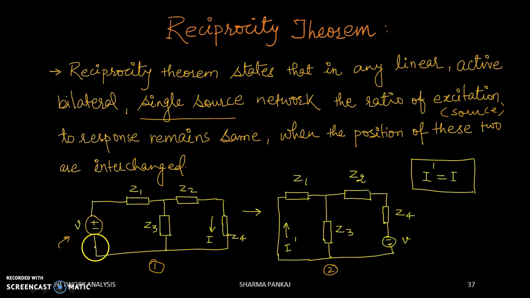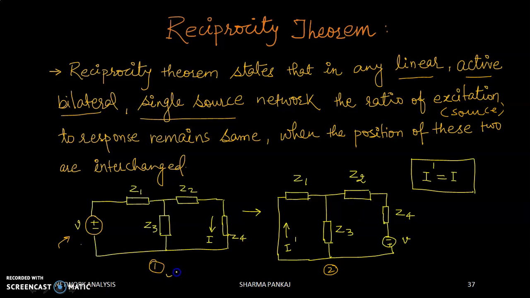All the elements here are active, linear and bilateral. It should be noted very clearly that it has linear, active, bilateral elements and is of course a single source network. If this is all satisfied by a network, then we can interchange the position of the voltage and its response.